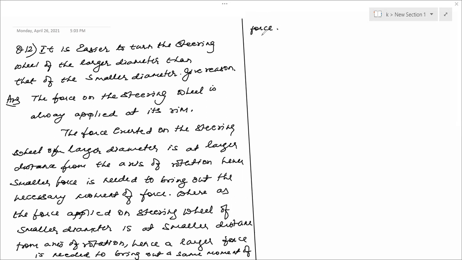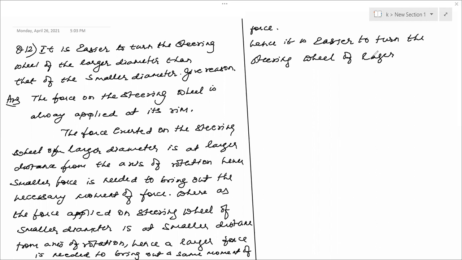Hence, it is easier to turn the steering wheel of larger diameter than that of the smaller diameter.